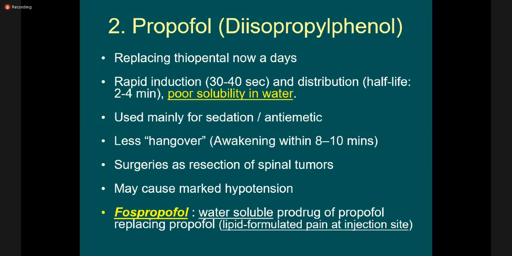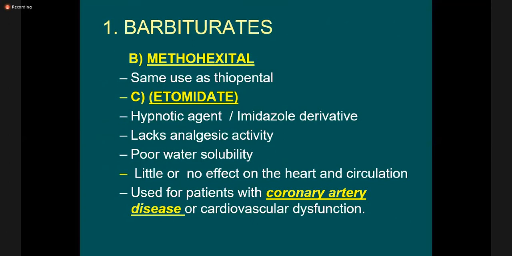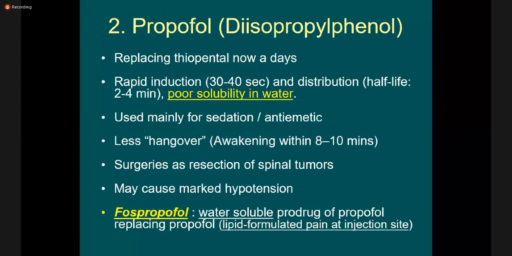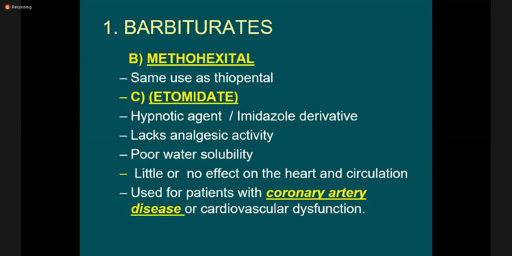So again, propofol is not a good choice for patients with cardiovascular problems, or low blood pressure or hypovolemic shock. Remember, when you have a hypovolemic or cardiovascular problem, etomidate is a good choice. So this could become your exam question: which is the best drug to use with coronary artery problems.